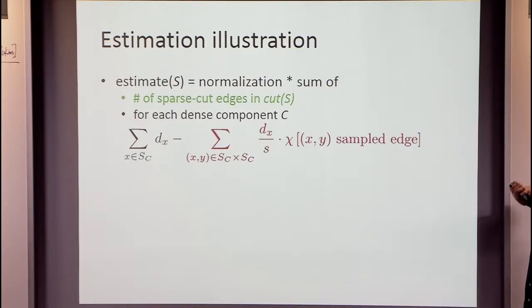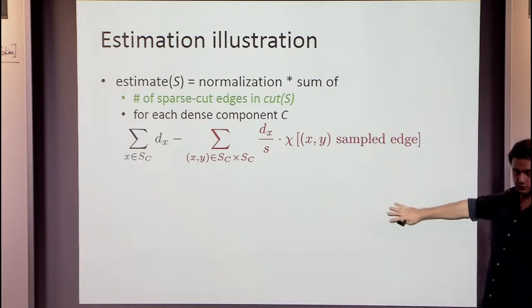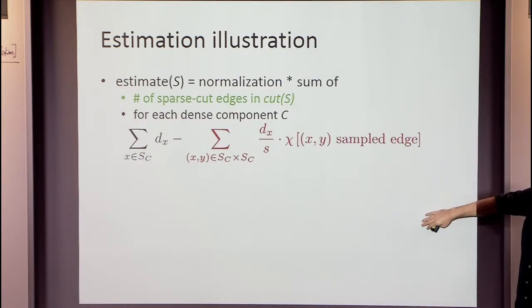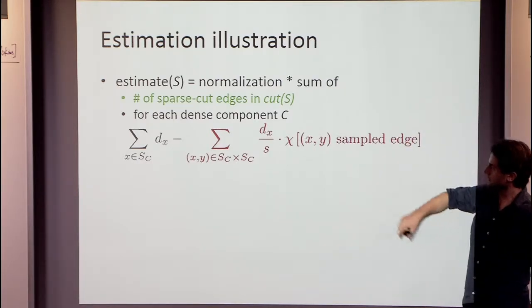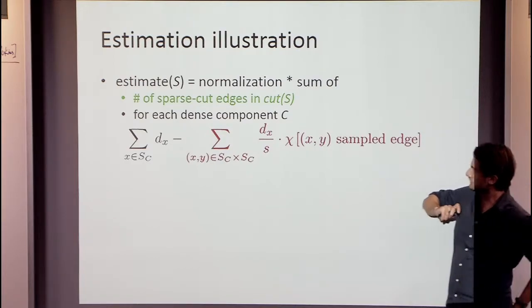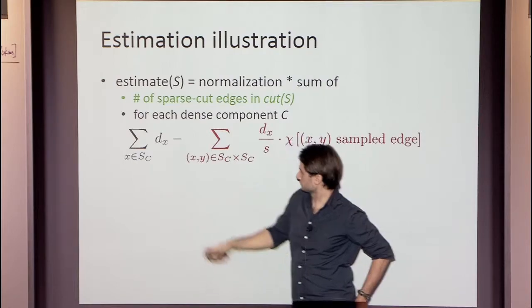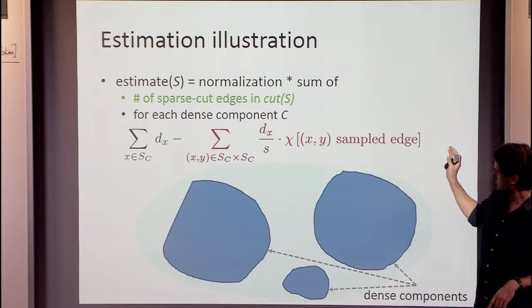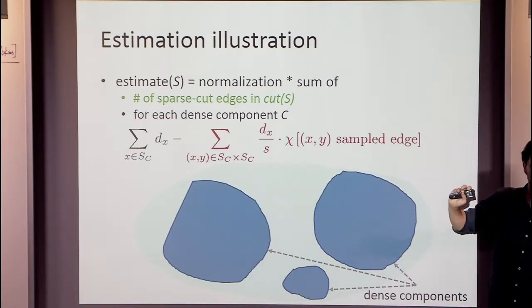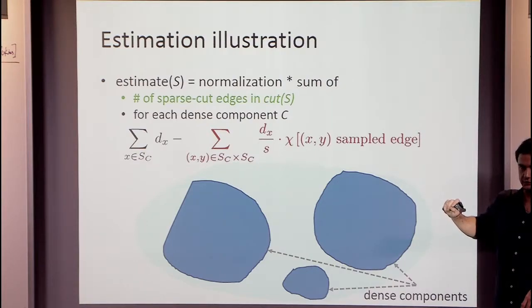Okay, so estimation illustration, this is just writing in formula what I said on the previous slide. There will be a picture here. The color coding will correspond to the picture. This introduces a little bit of notation. So basically, this is our graph after we have removed the sparse edges.